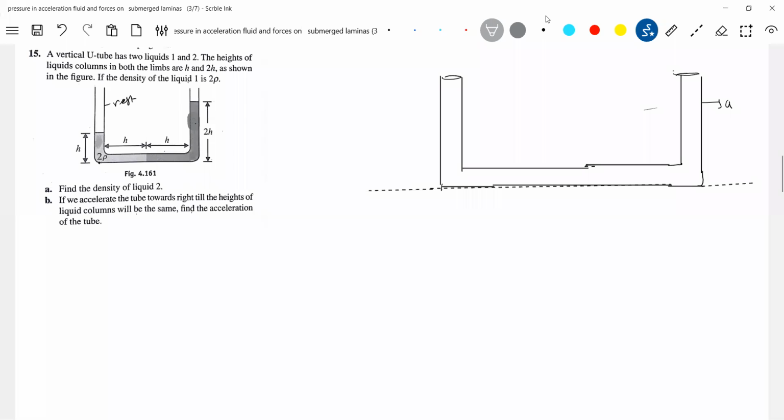We don't know how much it is. It's in equilibrium, no? So the pressure at this point should be equal to the pressure at point 1. We'll give names like this. The pressure at 1 should be equal to pressure at 2.